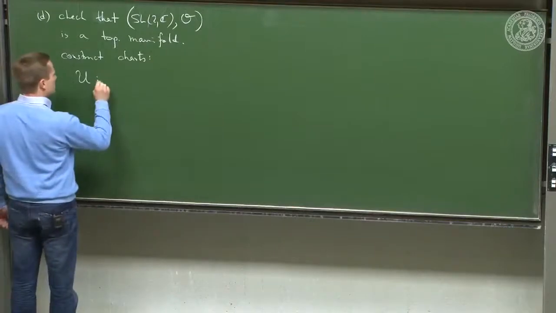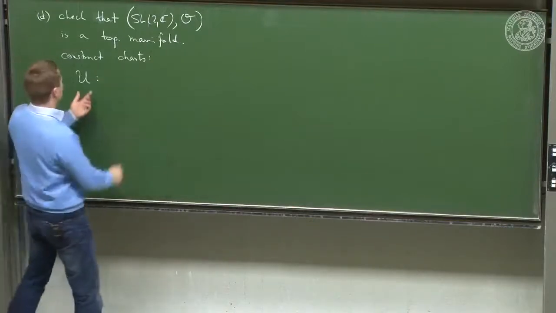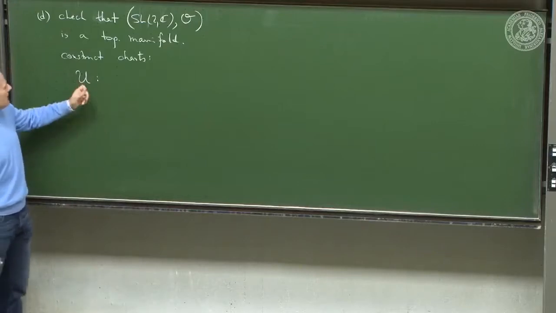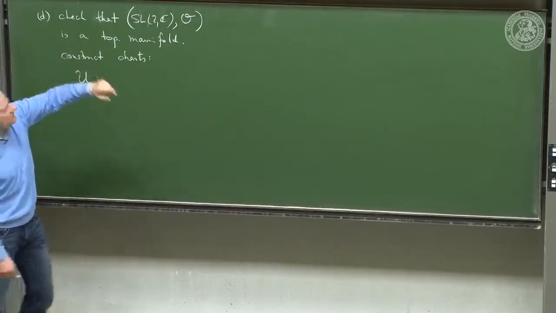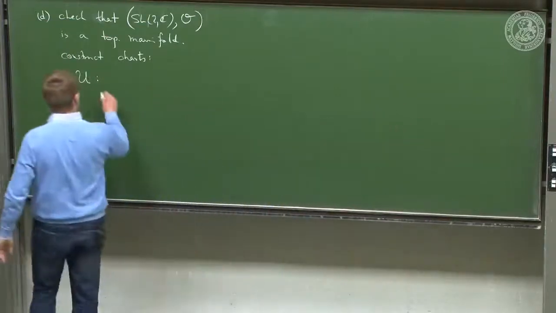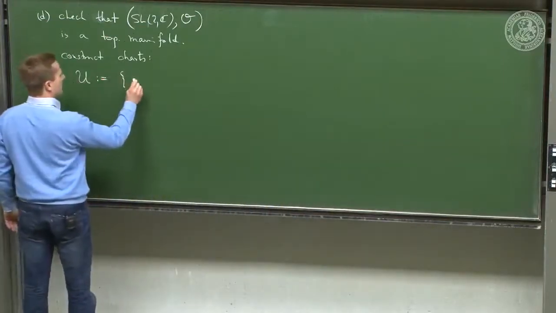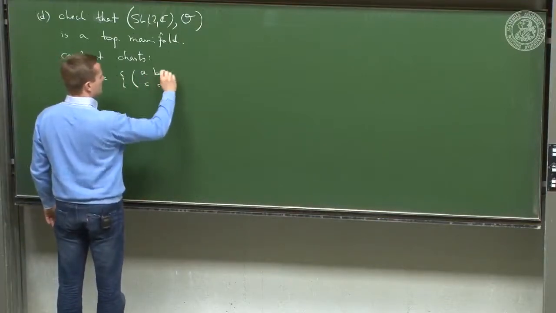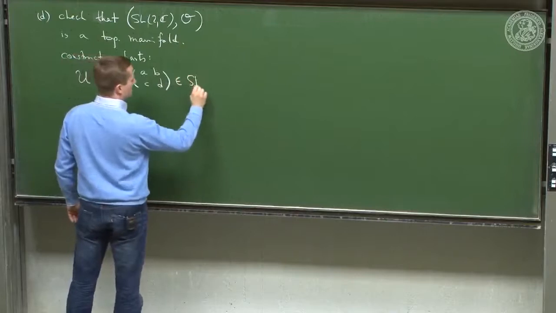What is U? A chart consists of a chart domain and a chart map. The chart domain is a subset of the topological space, so I need to define U as some subset A, B, C, D of the topological space.